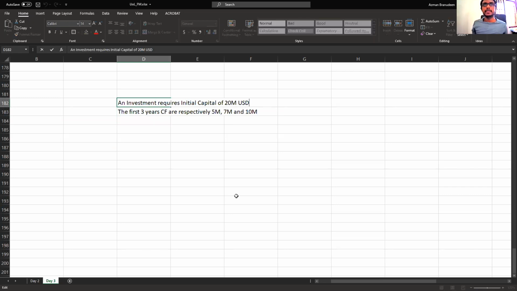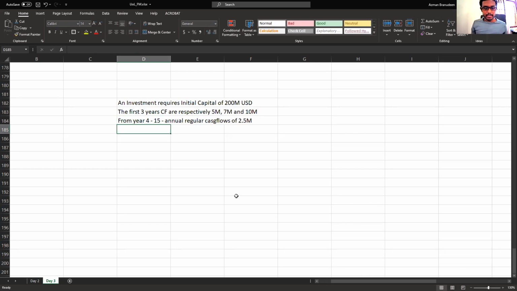Let's make this 200. From year 4 to year 15, annual regular cash flows of 2.5 million are made. Then from year 16 onwards, a 0.1 million cash flow forever is assumed.